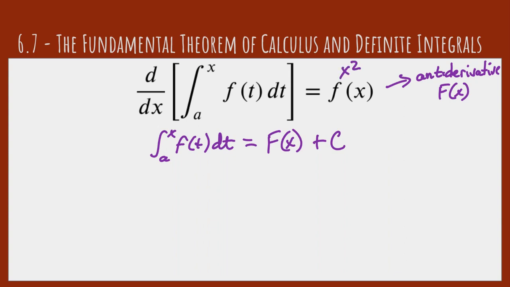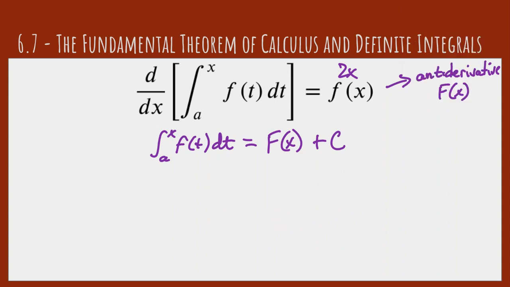Okay, so f of x is, let's say, 2x. So the antiderivative of that could be x squared. It could also be x squared plus 7. It could also be x squared plus 9, x squared minus pi, x squared plus any constant. So that's why we have that plus c there.